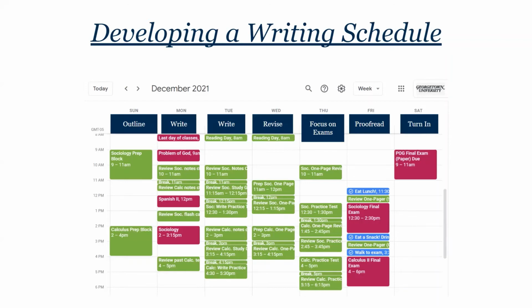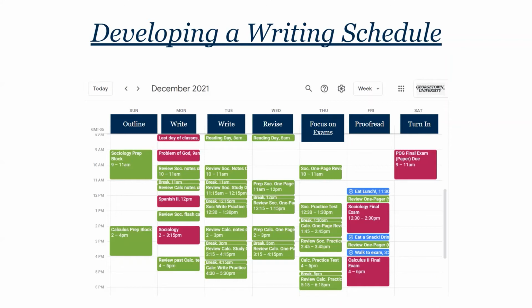Friday, I have these exams, and I know that Thursday, I want to focus on the exams. I don't want to schedule significant writing for that day because I don't want to be distracted from something that's really important for exam preparation, which is sleeping.